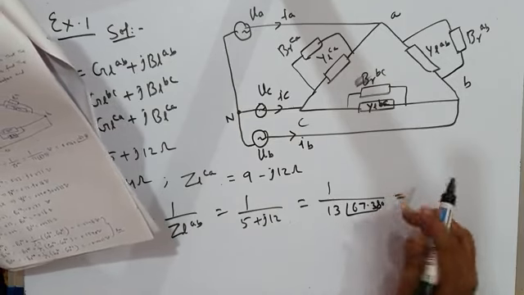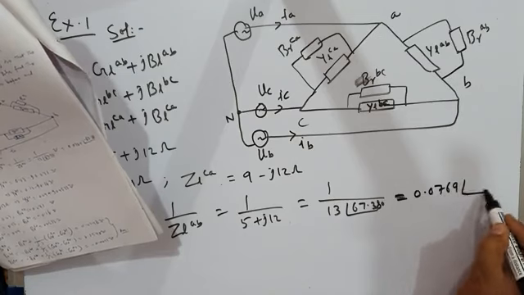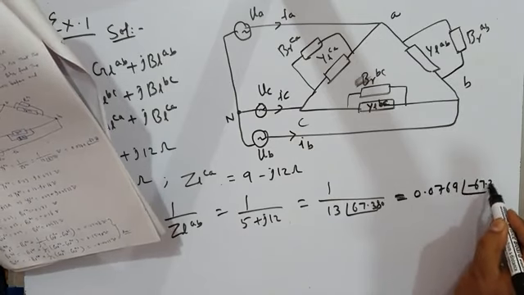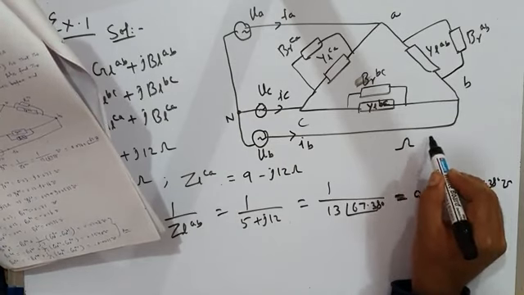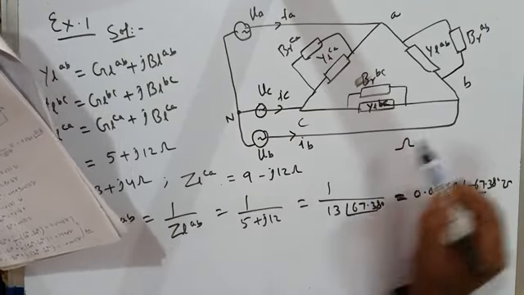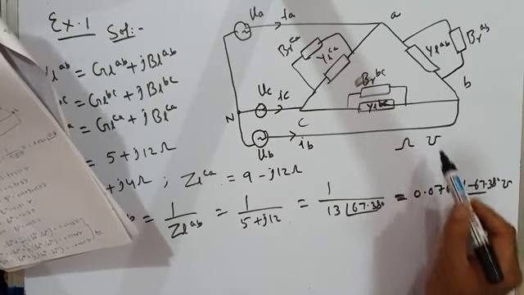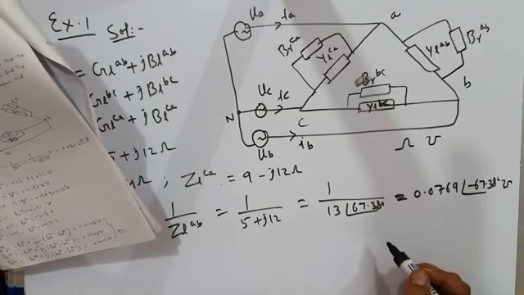That is, YLAB will be 0.0769 at an angle of minus 67.38 degrees mhos. Impedance has a unit of ohm, and admittance has a unit called mhos, or you can say Siemens.